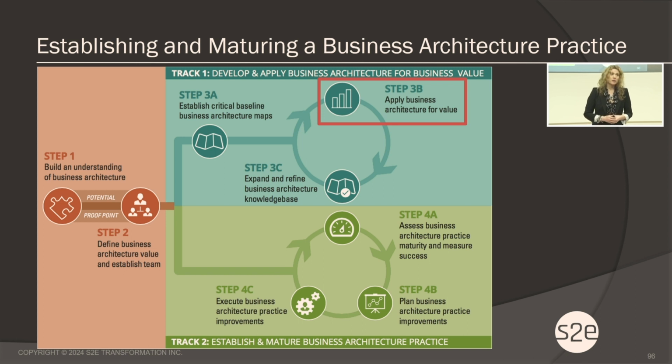So if you're starting a business architecture practice, step 1, build an understanding of business architecture. And check, we did that today, right, in this masterclass. Step 2, define business architecture value and establish your team, even if you're a team of 1. So when I say define value, it's answering the questions that you saw on that value canvas in the previous slide and putting it in a format that you can tell in a compelling way to other people.